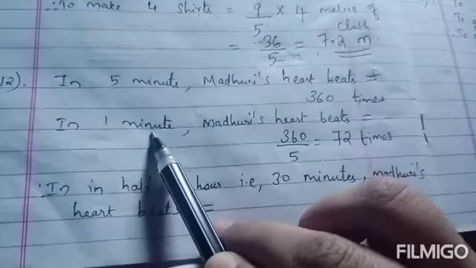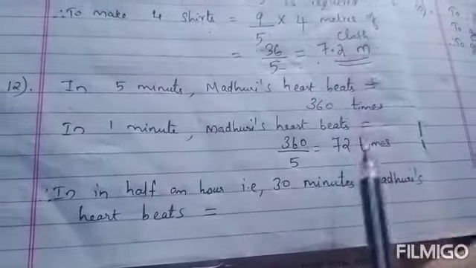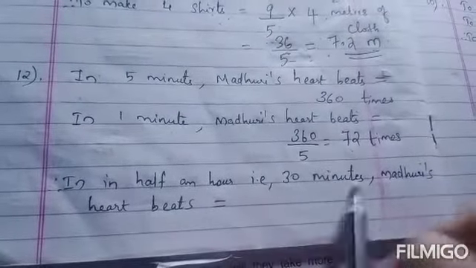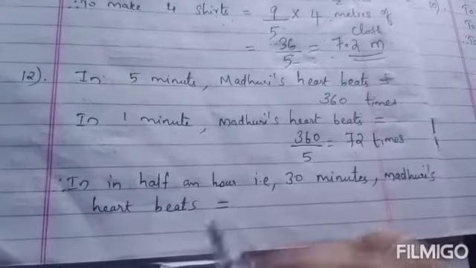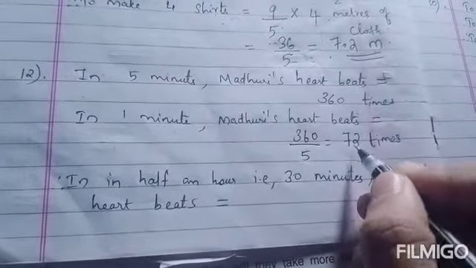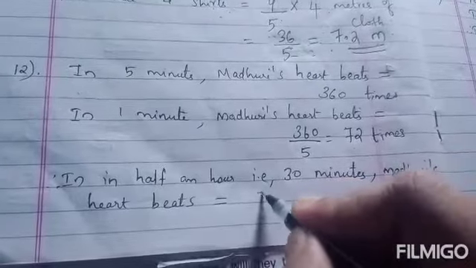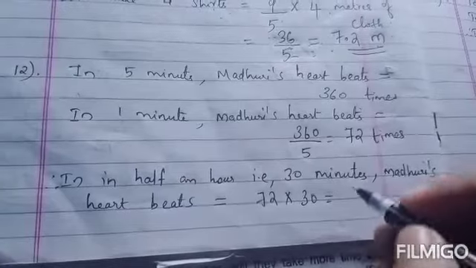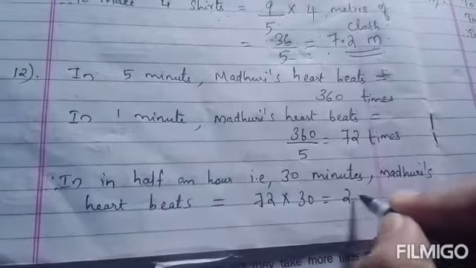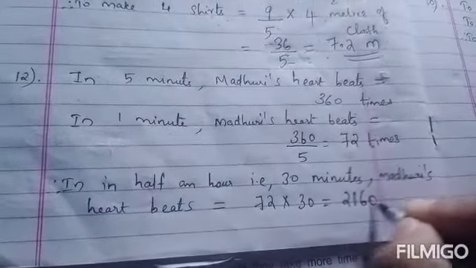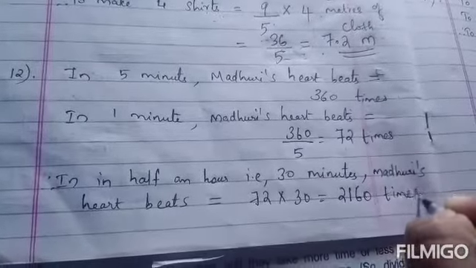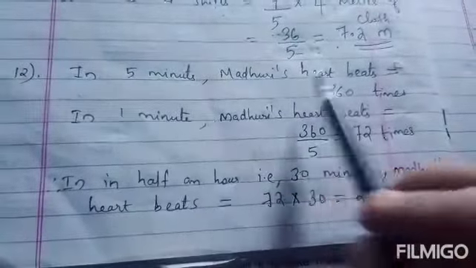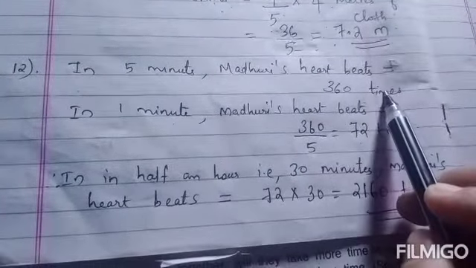If in 1 minute Madhuri's heart beats 72 times, therefore in half an hour, that is in 30 minutes, how many times will it beat? That you can find by multiplication, that is 72 into 30. That is 2160 times.